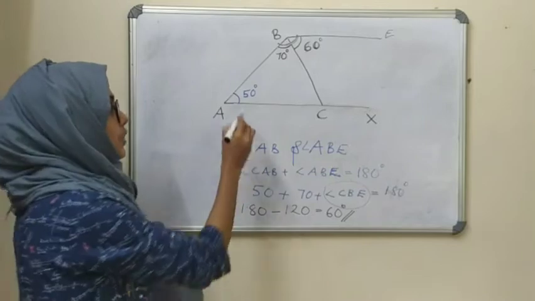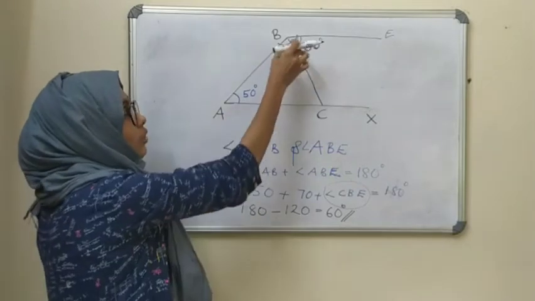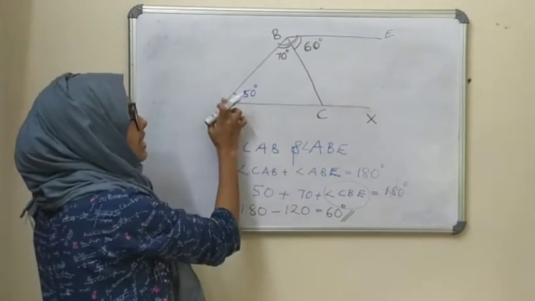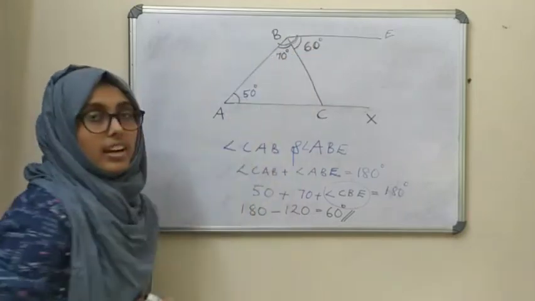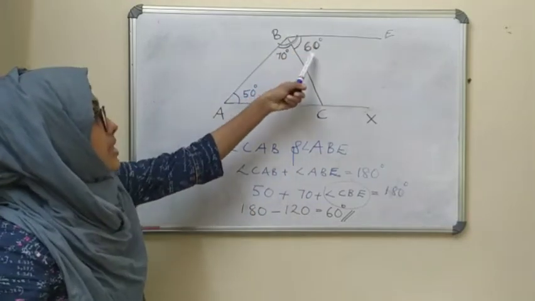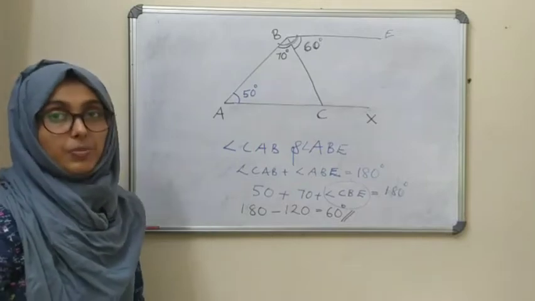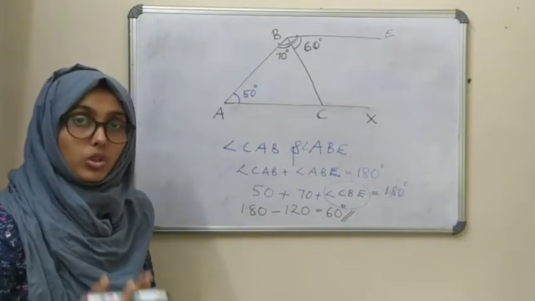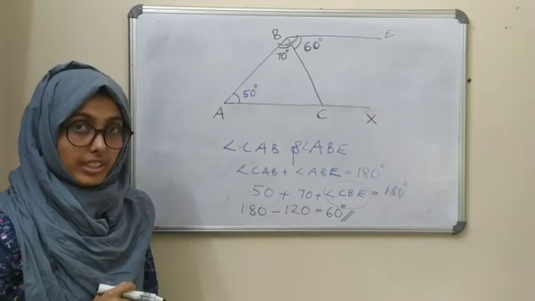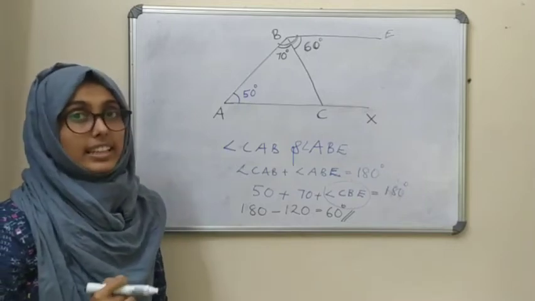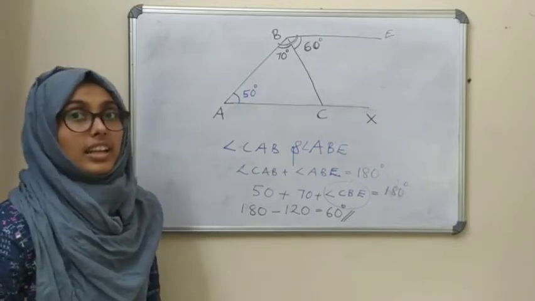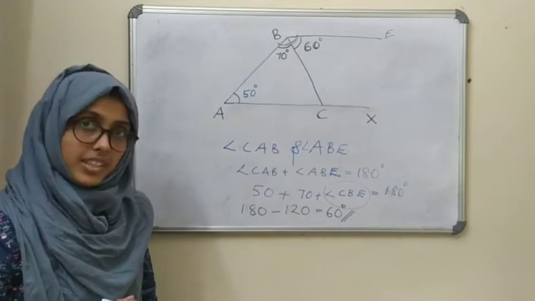So this is 50 degrees. We know that this full angle, angle ABE, is 70 plus 60, that is 130 degrees, because when we add both those angles we should get 180 degrees, as they are co-interior angles, isn't it?